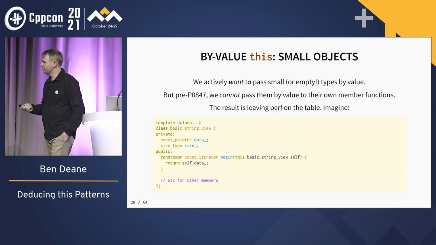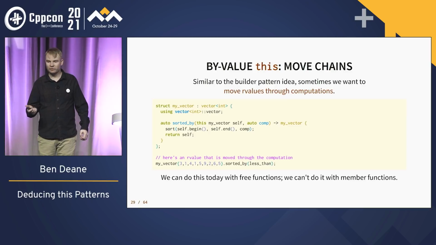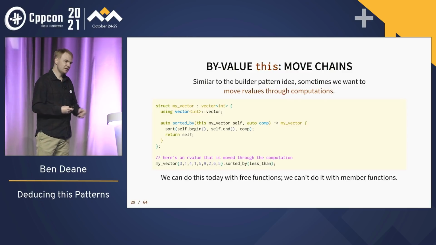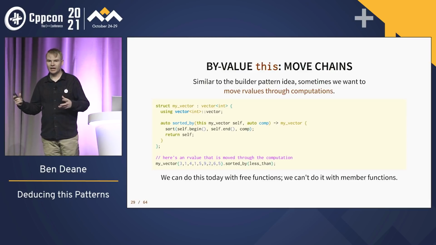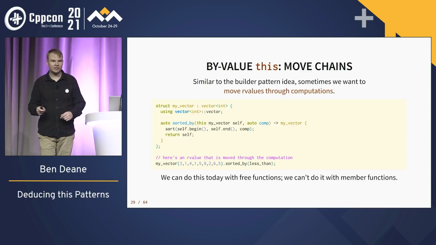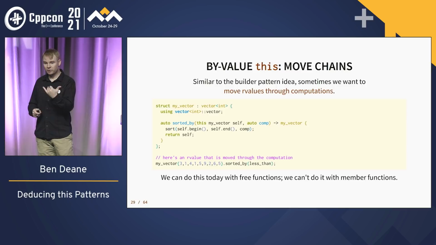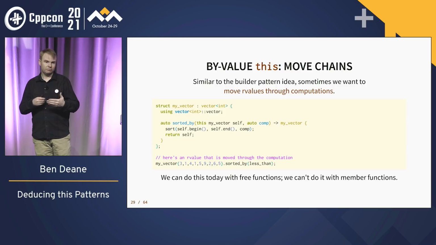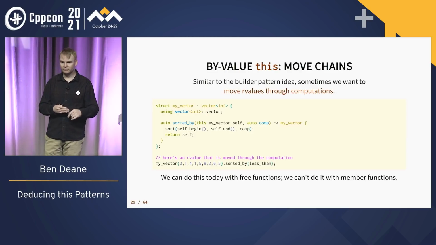Passing this by value also allows us to do things which today we can do with free functions, but not with member functions, like chains of move operations. Here's an example where we have a vector, and we want it sorted, and we want to just move the value through the computation. So the first parameter there, my vector, is the by value object parameter. And of course it moves into the value at the call site, and then with RVO or copy elision, it must move out of the parameter again.